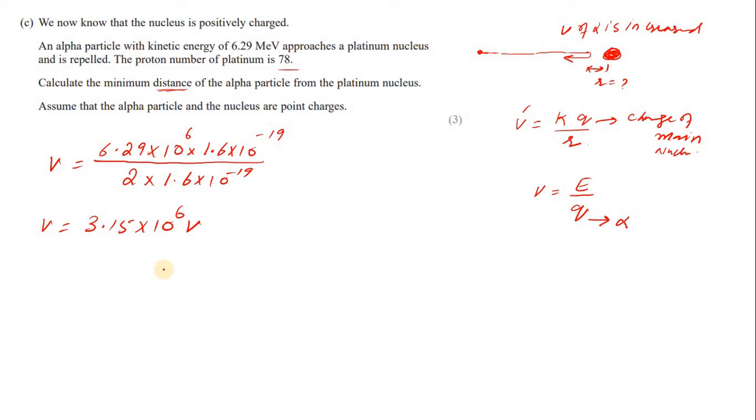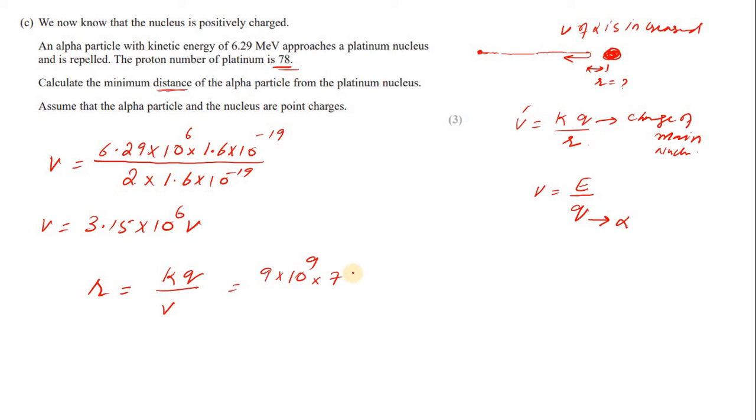And now V is equal to KQ/R. You can give the reference, or you can directly write R is equal to KQ/V. And K is Coulomb's constant given in your formula sheet, 9 times 10 to the power 9, or 8.89 or something like that. This Q is the main charge producing the field, in this case the charge of the platinum nucleus. So the total protons are 78.